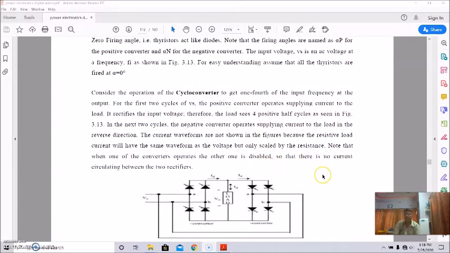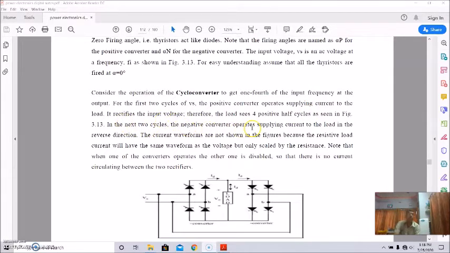So now consider the operation of this cycloconverter to get 1/4 of the input frequency at the output. For the first two cycles of input supply voltage Vs, the positive converter operates supplying current to the load, and it rectifies the input voltage.